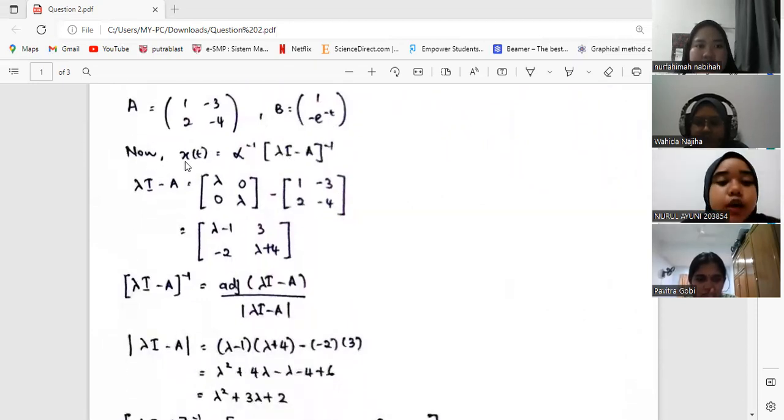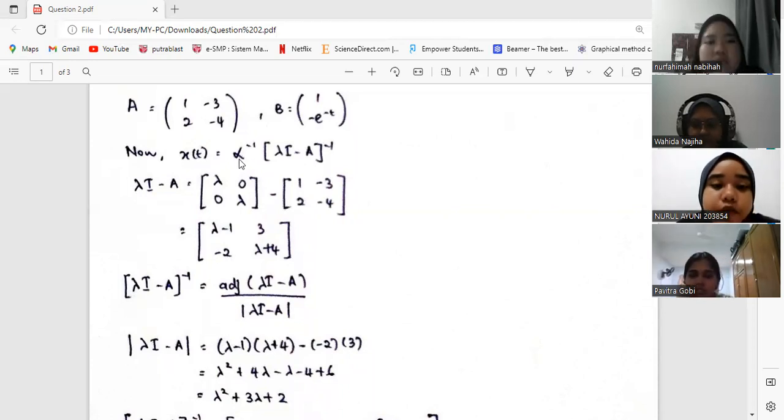Now for x(t), we will use the general formula, which is to find the inverse of lambda identity minus A. So lambda identity minus A gives lambda 0, 0 lambda minus 1, negative 3, 2, negative 4, so we get lambda minus 1, 3, negative 2, lambda plus 4.